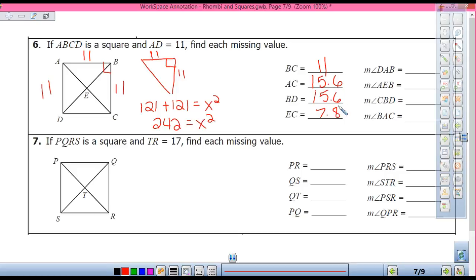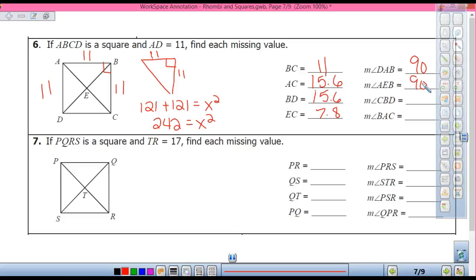DAB. 90. Why? All the angles, I've got 4 right angles. AEB. 90. Why? Well, no. 4 right angles are the ones on the outside.